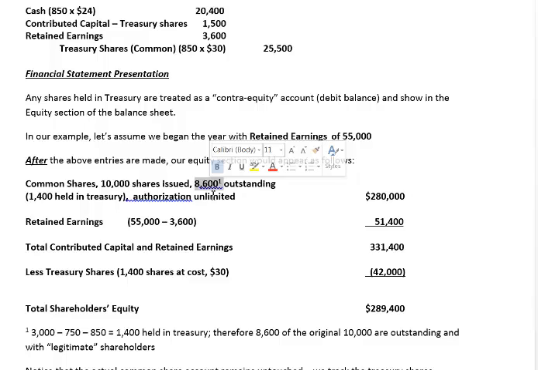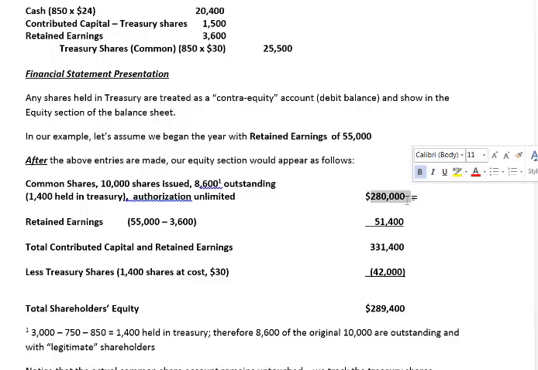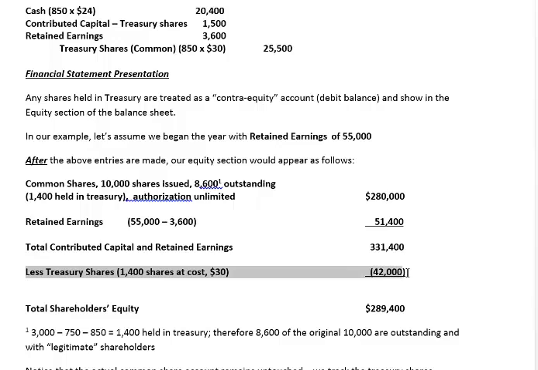We cannot hold shares in our own company, right? So the idea is that we have to earmark them as Treasury shares, and that's the 1,400 of the 3,000 that we didn't reissue yet. So we keep the 280 as is. On the very bottom of the equity section, we will deduct the 1,400 shares that we have at their cost of $30 a share, which is $42,000, because again, it's got a debit balance.